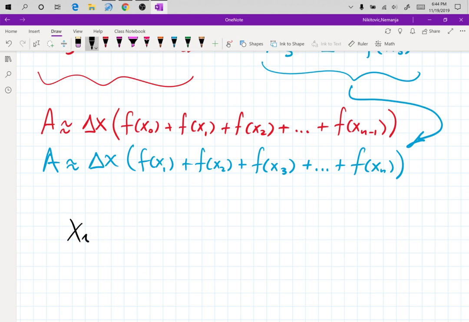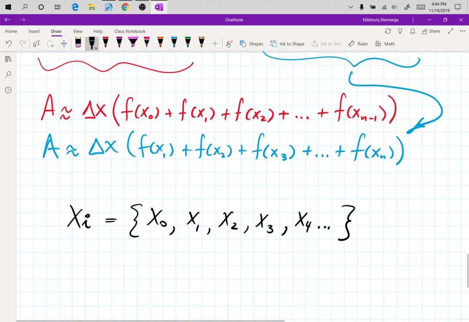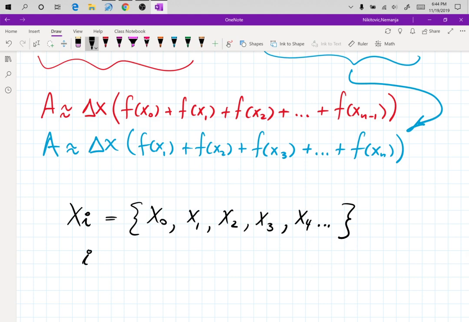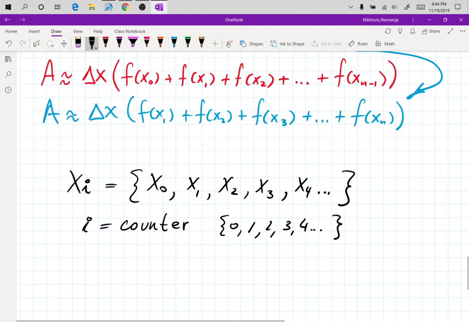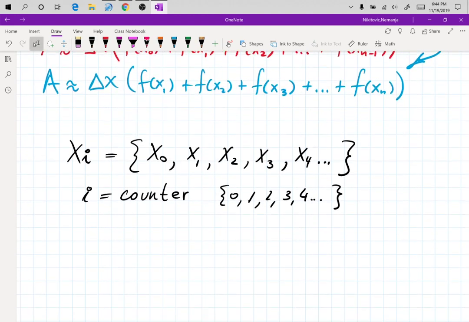So we have xi to be the set of x0, x1, x2, x3, x4, dot, dot, dot, forever. I is the counter which has values 0, 1, 2, 3, 4, going on forever. Those are all sets.